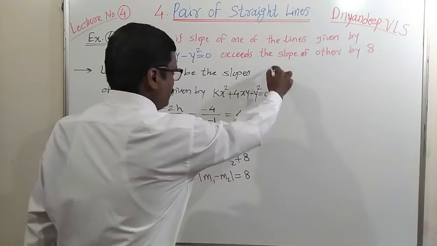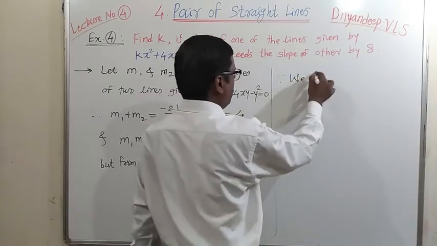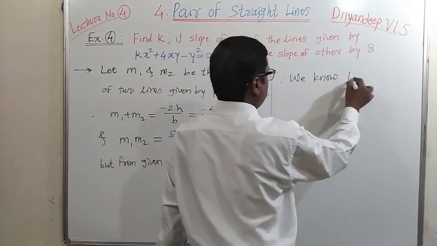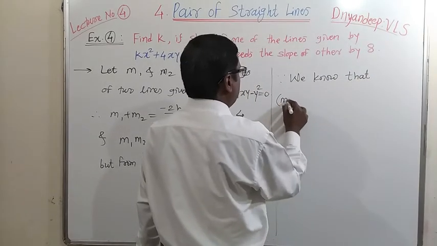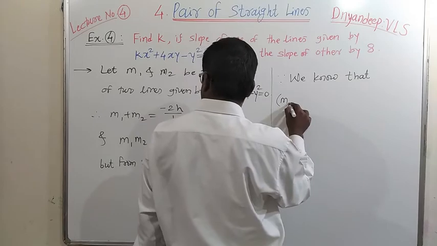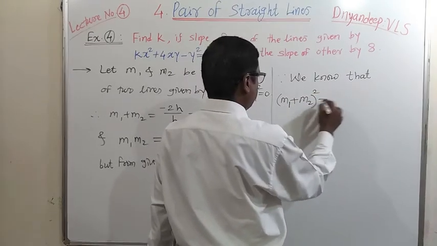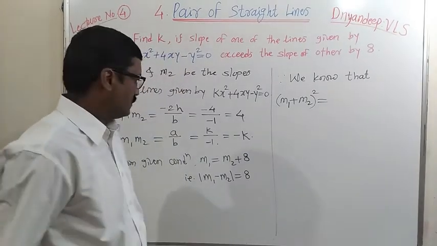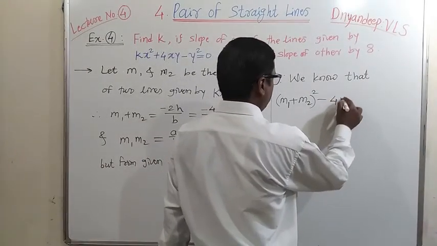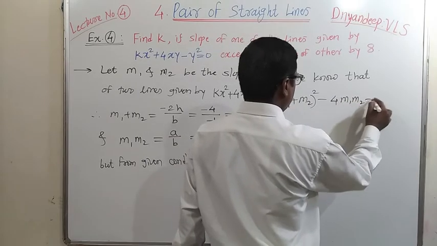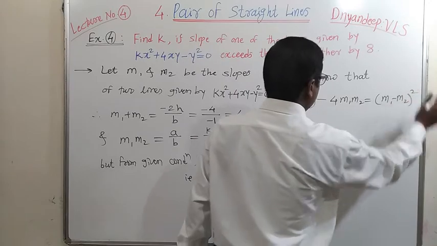That relation is, since we know that (m1 + m2)² = (m1 + m2)² − 4 m1 m2 is equal to (m1 − m2)².